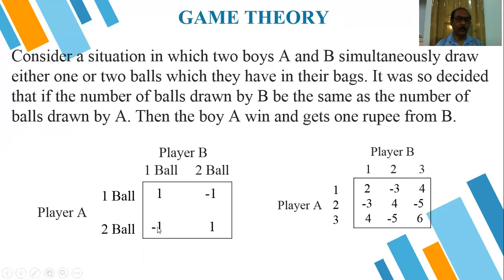That means A has to pay 1 rupee to B. In this case, 1 ball is drawn by A and 2 balls are drawn by B. That means A has to pay 1 rupee to B. If they match, then B has to pay A. If not matching, then A has to pay B. This is the payoff for the problem.